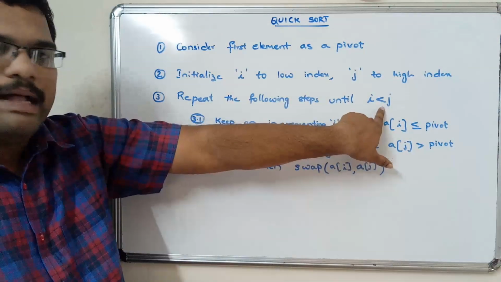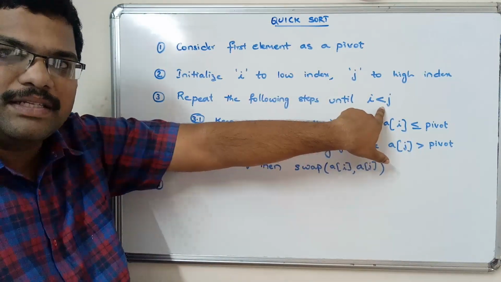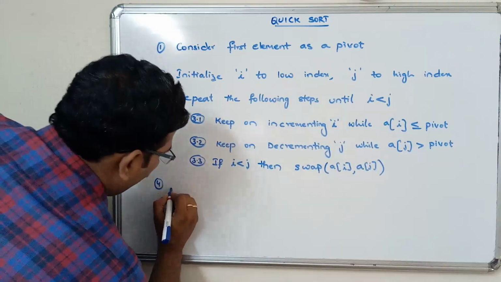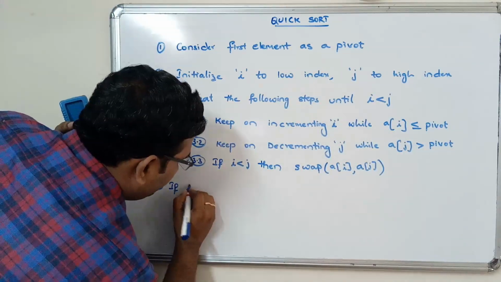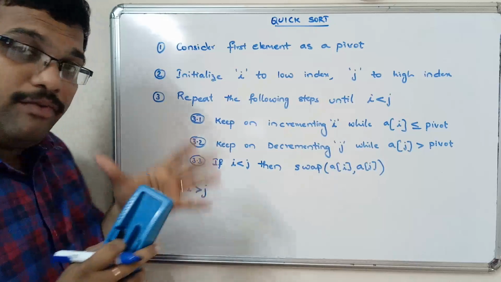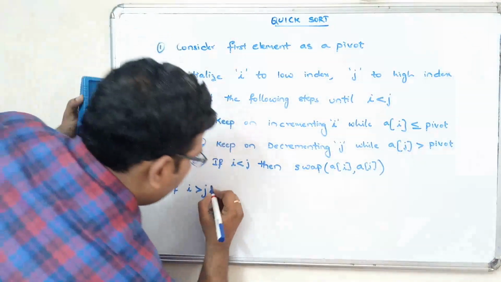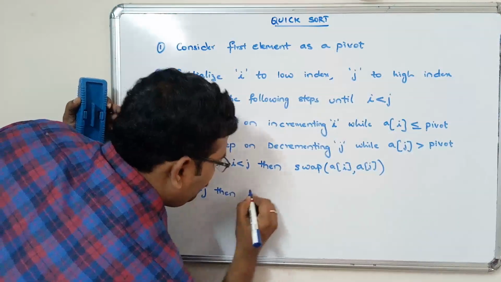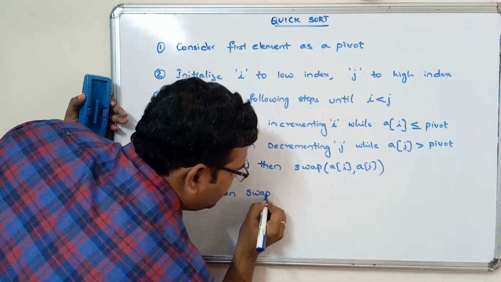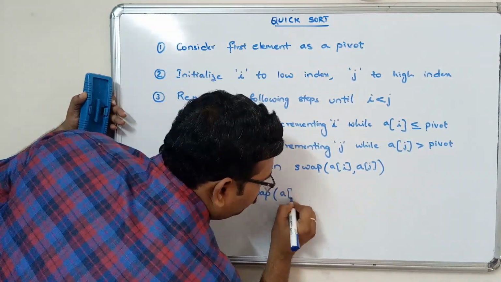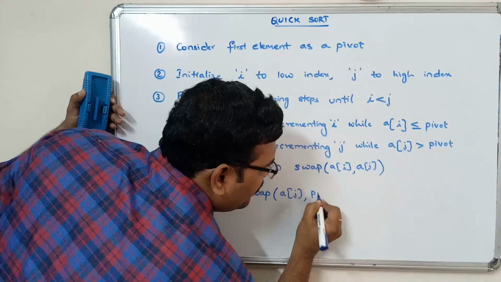Next, if this becomes false, that is, if i is greater than j, the index value of i is greater than j, then we have to swap a of j with the pivot.